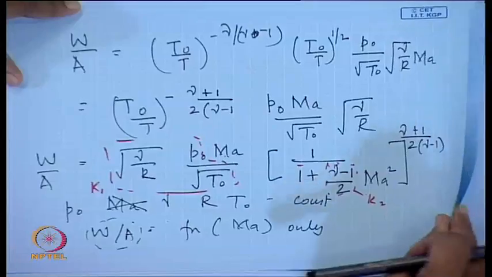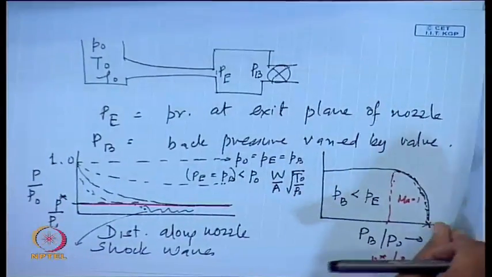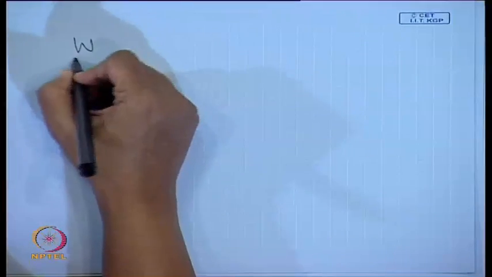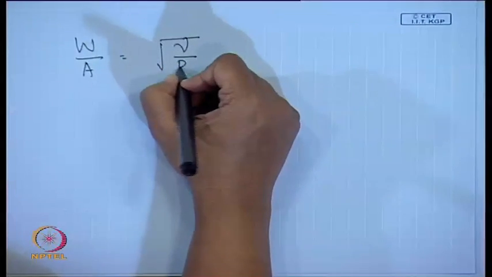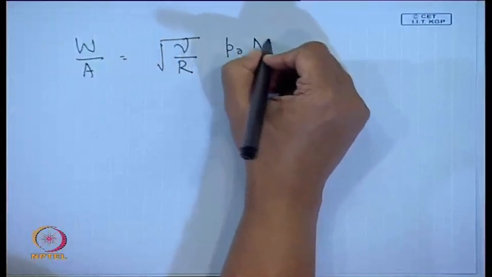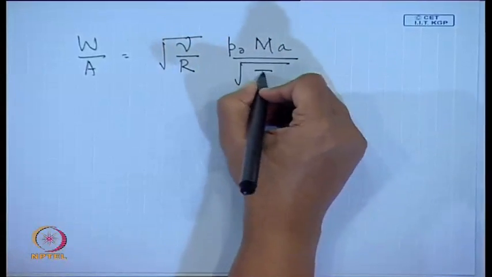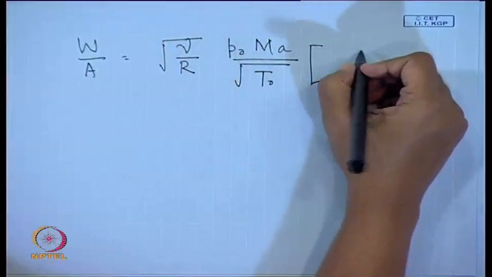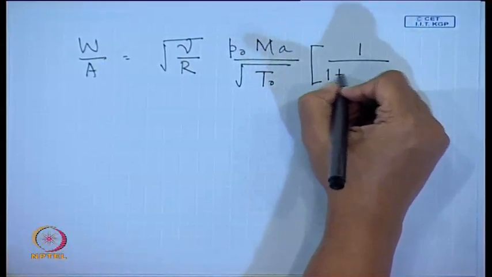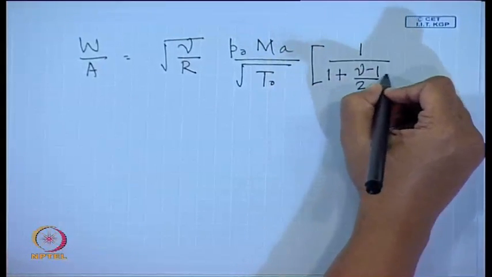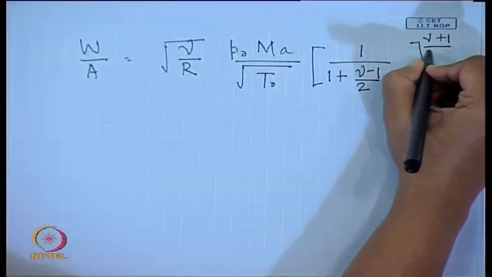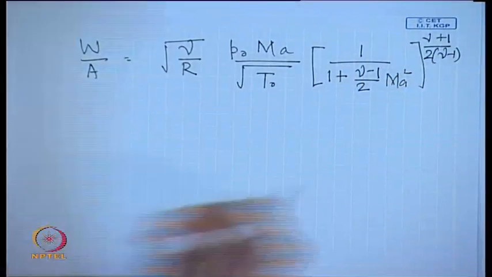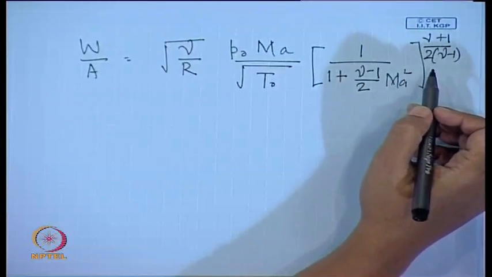So, what do we get is, I will write down W by A once more. This is root gamma... this is what we had obtained.